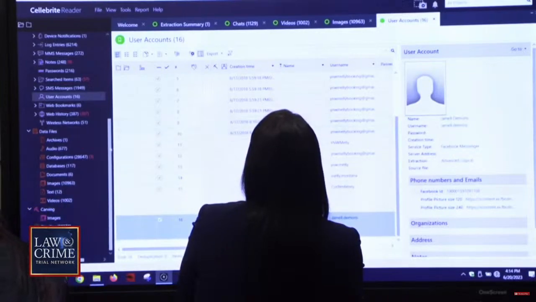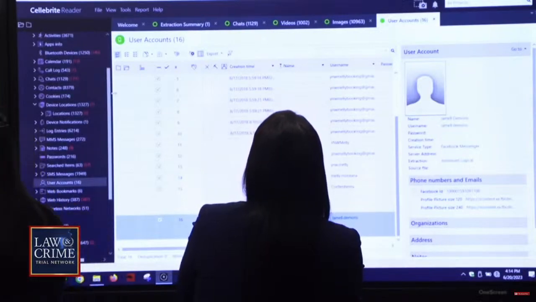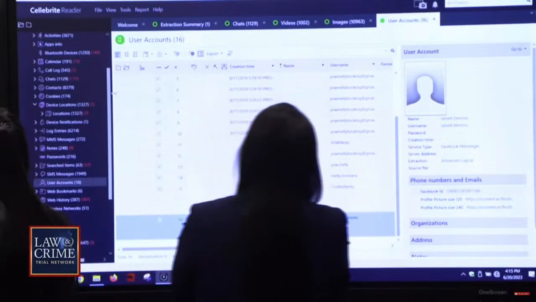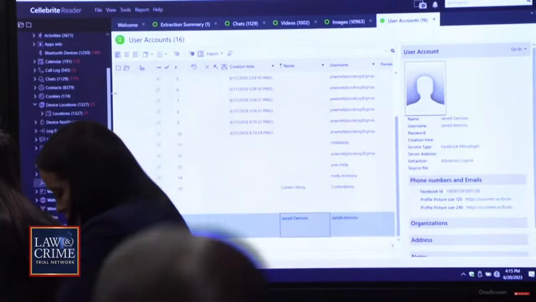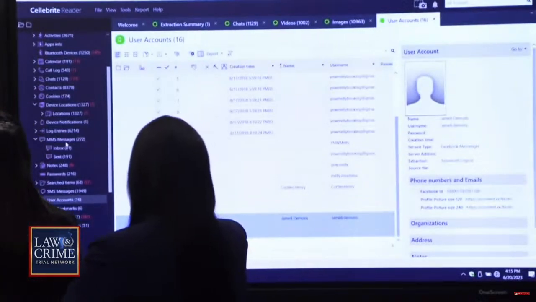In terms of the content of the messages themselves as well, show that this was Mr. Demons' phone and that he is sending out information and things personal to himself on this. So there are multiple different types of information to show them.